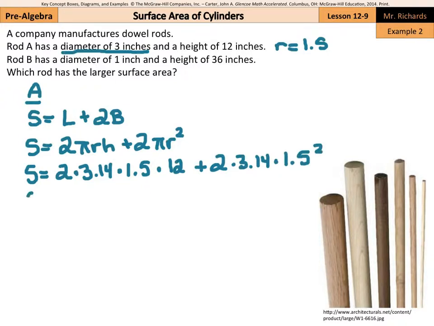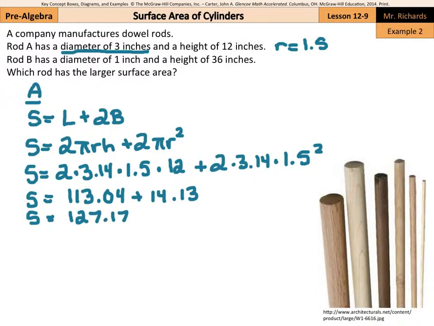So the lateral area ends up being 113 4/100 plus the area of the two circles is 14 13/100 inches. So when we add these up, this surface area is equal to 127 17/100 inches squared. And if we round again to the nearest tenth, this is going to result in a surface area of 127 2/10 inches squared.